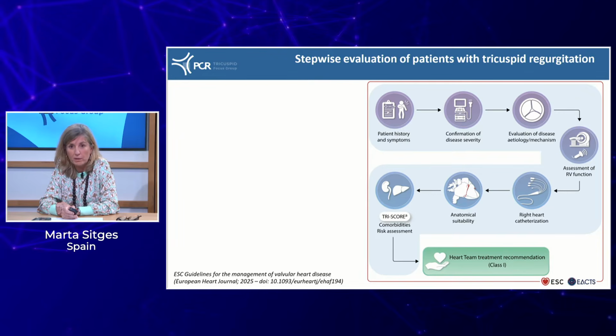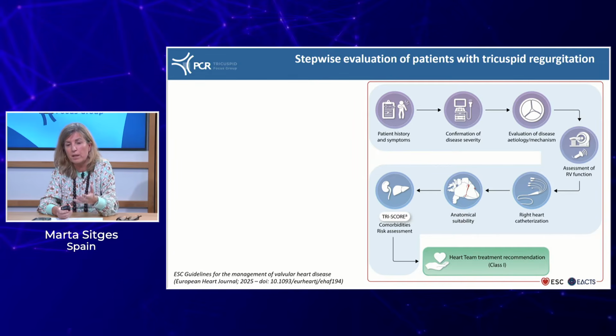Also looking at the functional anatomy of the tricuspid valve, because as said before, we have different options that may be different for each type, each phenotype, and each anatomy of the tricuspid valve. And also very important, the evaluation of the surgical risk or the interventional risk of the patient.